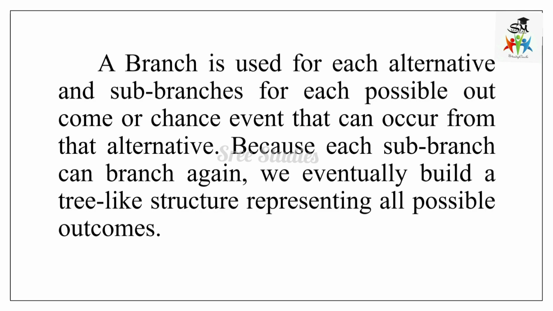For every chance or possibility, we draw a branch and sub branches, because each sub branch can branch again. So we eventually build a tree-like structure representing all possible outcomes.